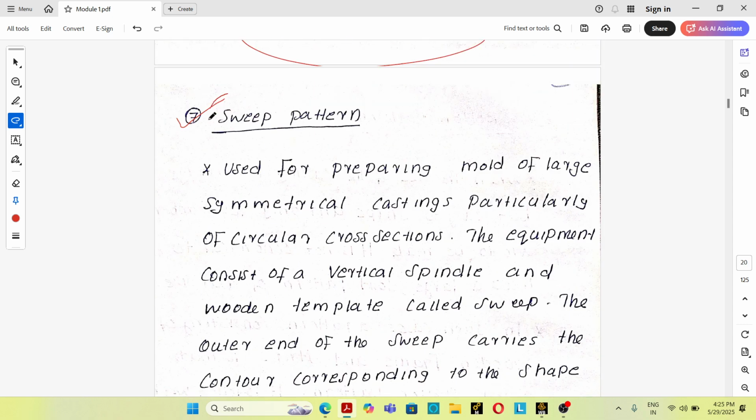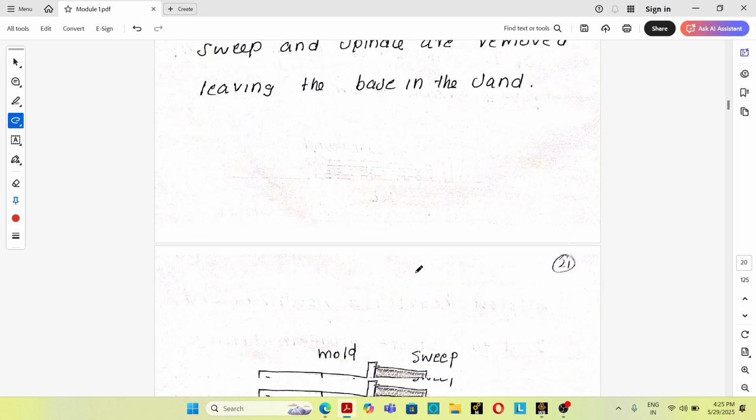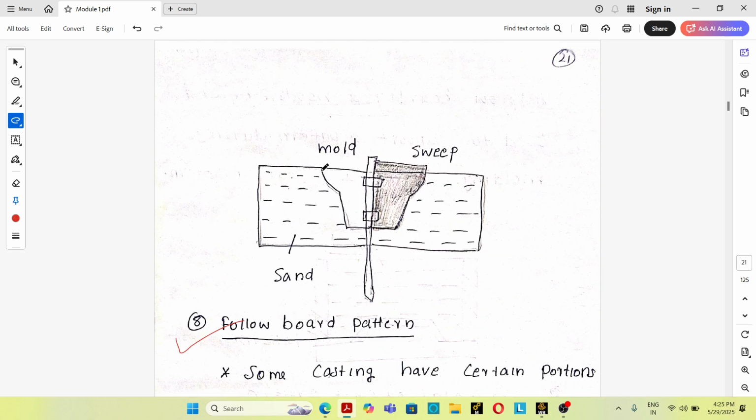Next one is the sweep pattern. See, this is known as a sweep pattern. Sweep patterns are commonly used for preparing molds of large symmetrical castings, particularly of circular cross section.